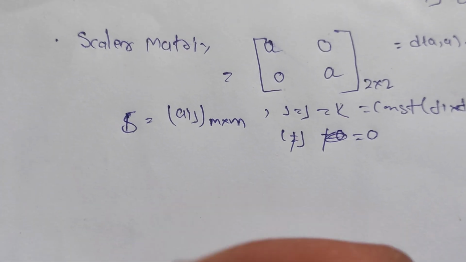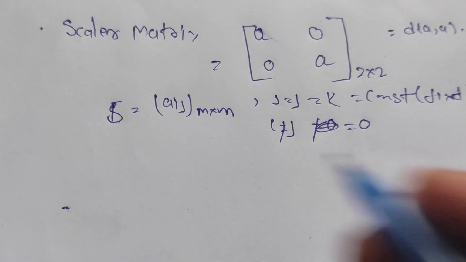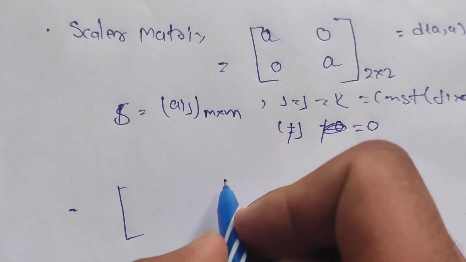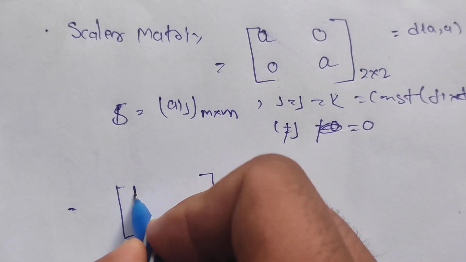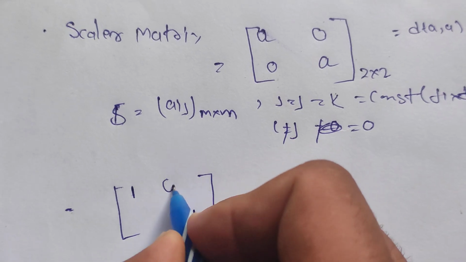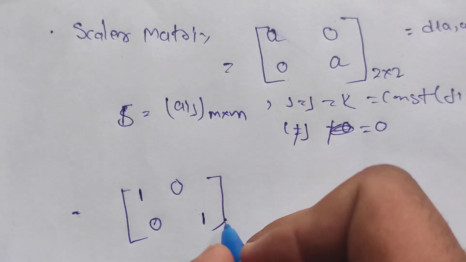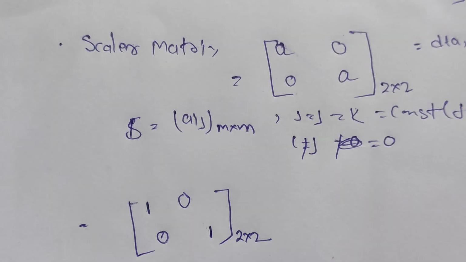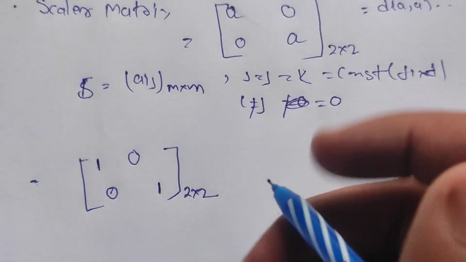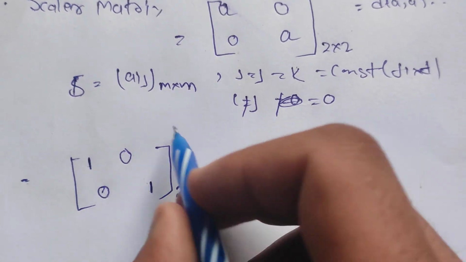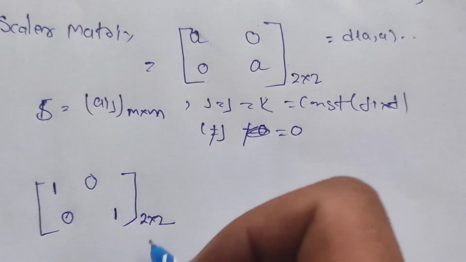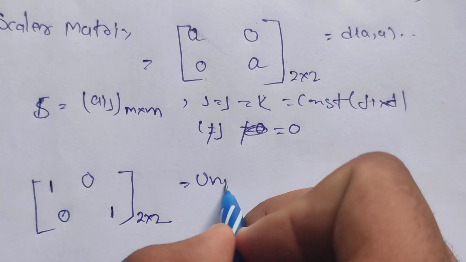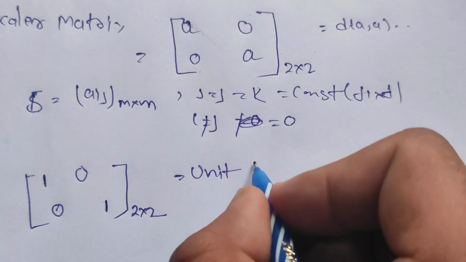Similarly, if my scalar matrix is fixed to the 1, 1 part, then the diagonal is unit. So in this case we call it a unit matrix because the diagonal is unit.